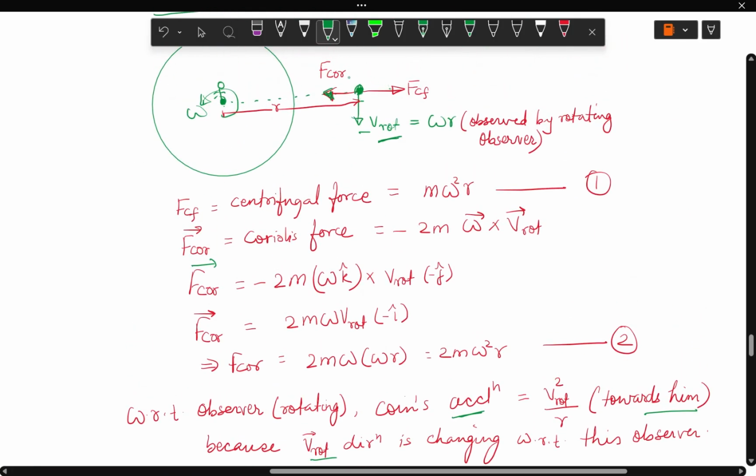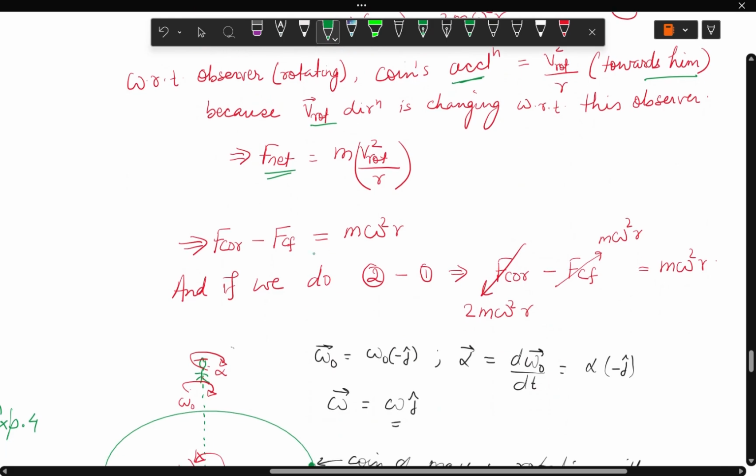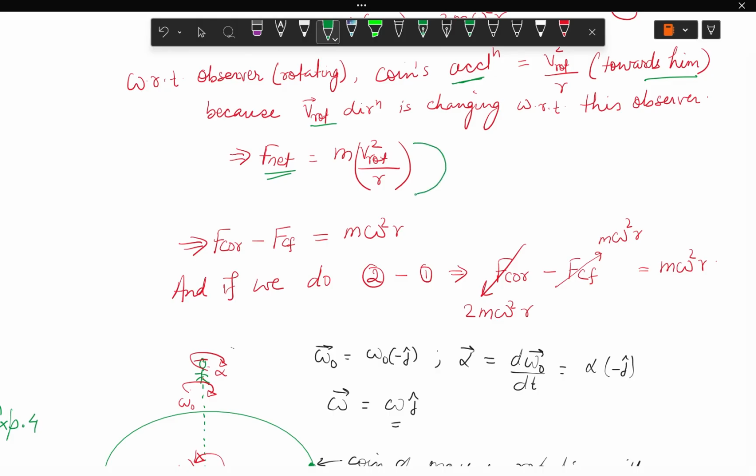You see these two pseudo forces are there. F Coriolis minus F centrifugal is equal to m VROT square by r, and VROT square by r is nothing but, VROT is omega r, so I'm writing m omega square r. So F Coriolis minus F centrifugal force must be equal to m omega square r.